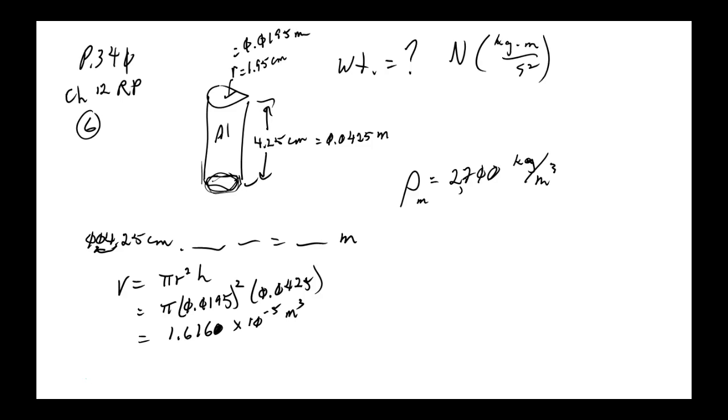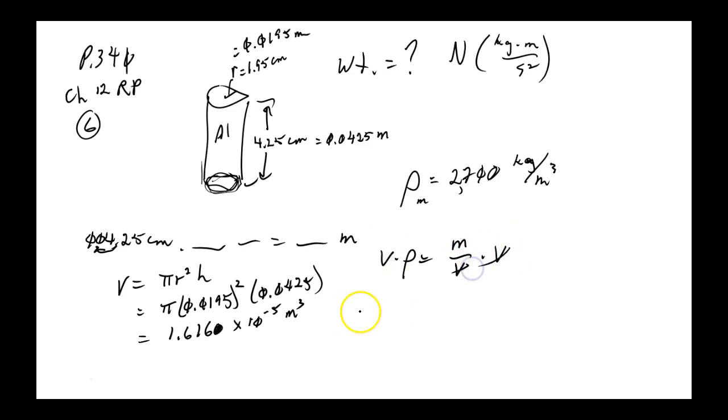See, this is a multi-step problem. Now what we're doing here is using the formula rho equal m over v, and solving that for m, so multiply both sides by v.